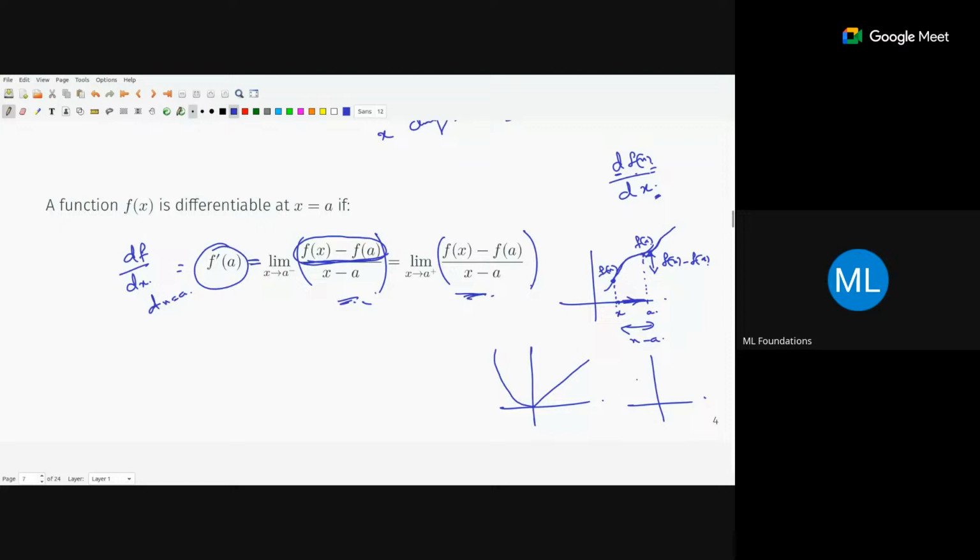If you know your graph is like this, at x equals 0 I can directly conclude, without computing, that the rate of change approaching from the left and from the right will not be equal. No need to compute. If it is not continuous, it will not be differentiable.